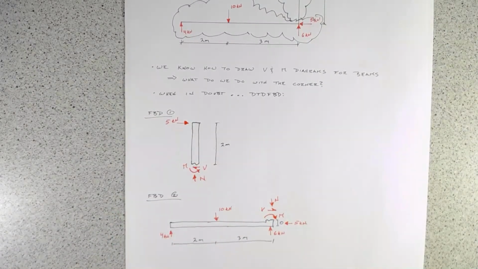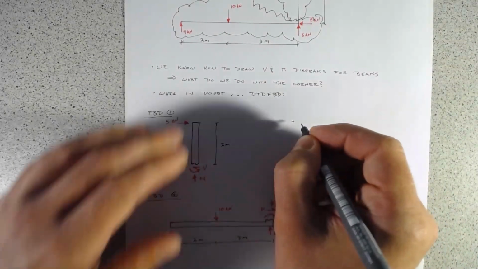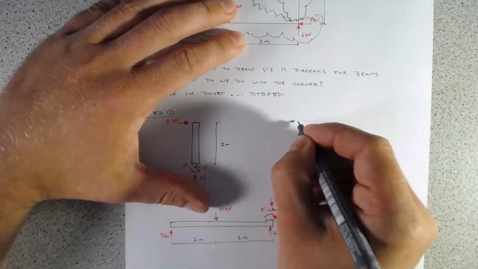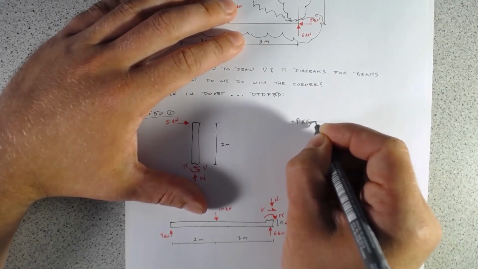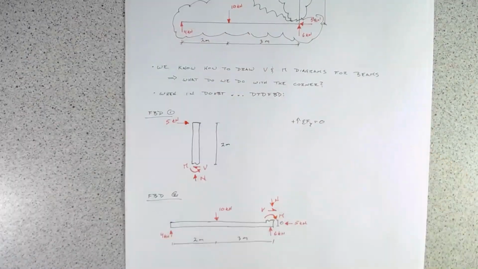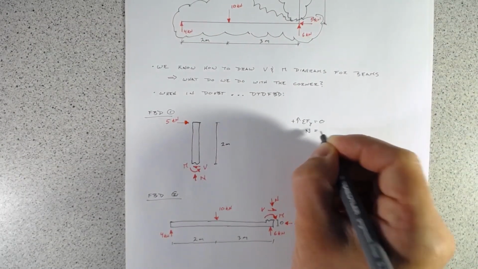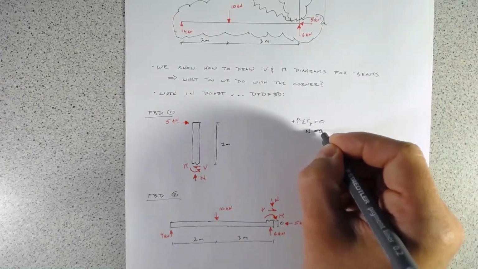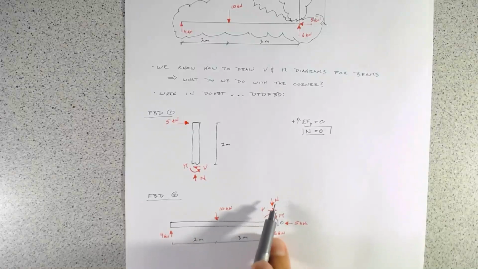So starting with free body diagram 1, let's start with trying to solve what the forces are in the y direction. If the sum of the forces in the y equals 0, the force that we have here is N, and that's going to equal 0, which means it's going to equal 0 on this side.